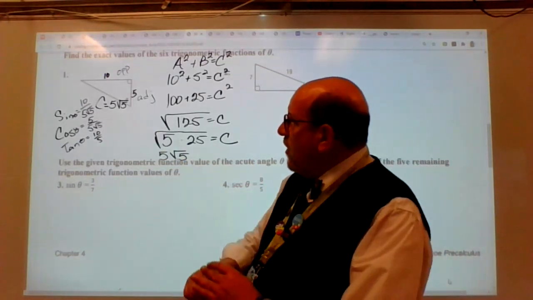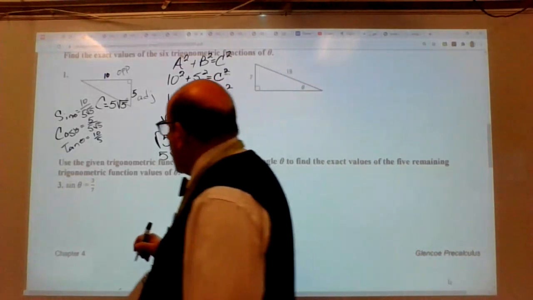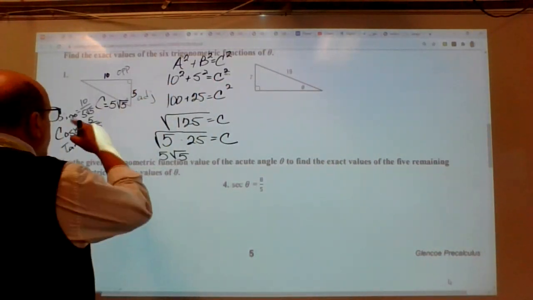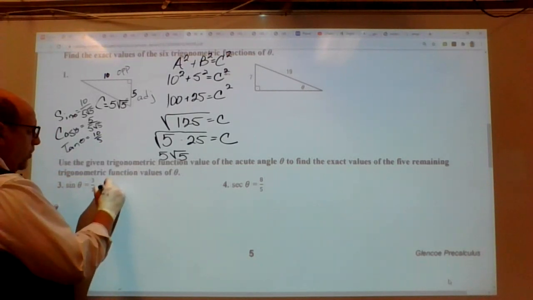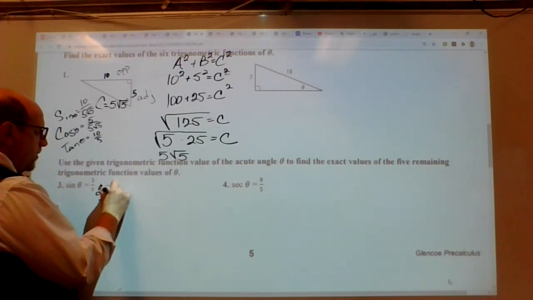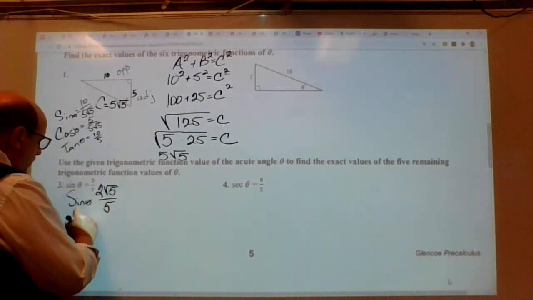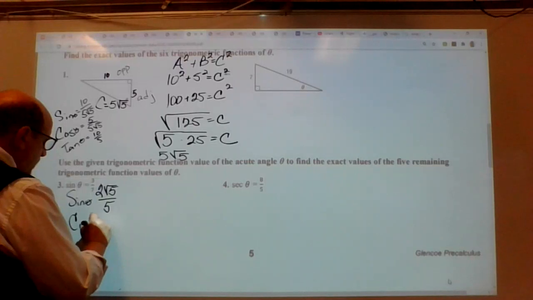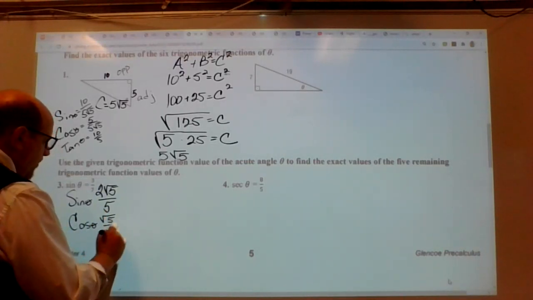Suffice it to say, when I simplify the sine, I'm going to just keep writing down here. When I simplify this, this is 2 root 5 over 5. Okay, and that's the sine of theta. Cosine of theta is root 5 over 5.